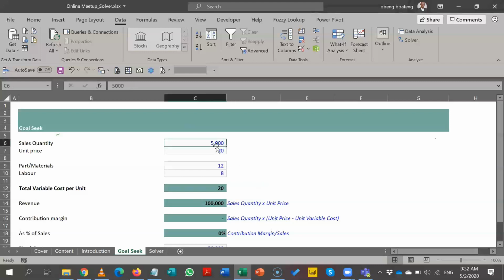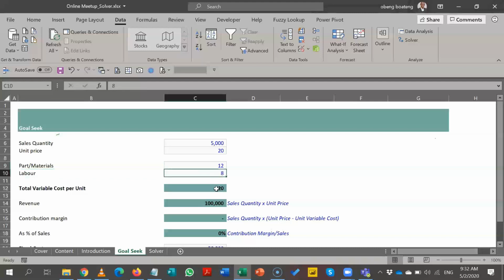You are planning something. It can be a school, it can be a product, it can be a sobolo joint. So you, in your room, determine that you are going to sell 5,000. Each product is priced at 20. Now, to produce each product, you need to buy materials for 12 and then pay direct labor of 8.